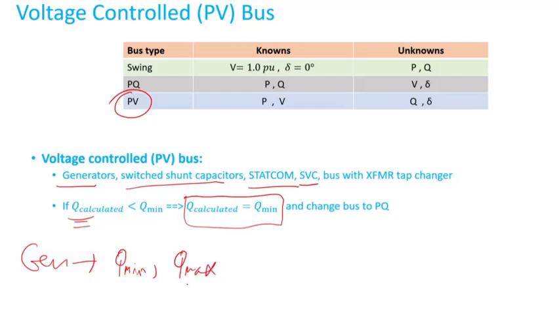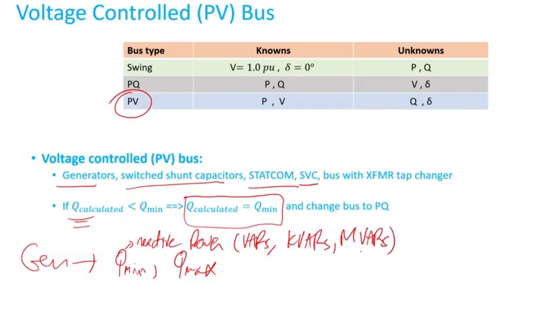The same goes for P. By Q, I mean the reactive power, and the units are VARs, kilovars, or, for a large system, megavars. The generator will operate within this range, to operate safely.